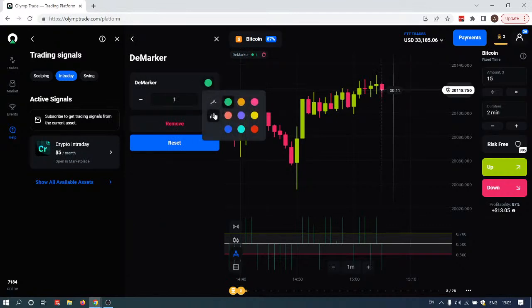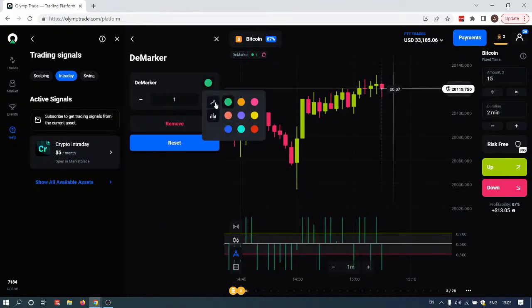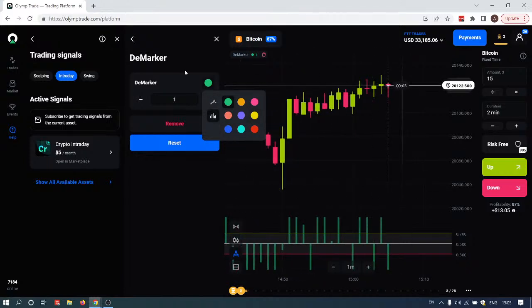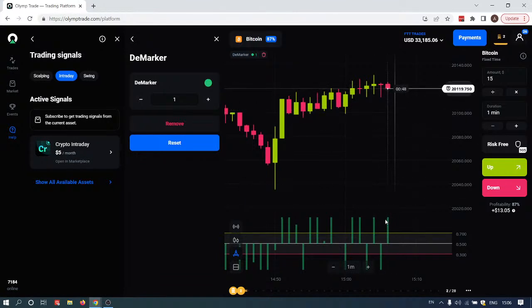I like to make the thickness of these indicators or lines as thick as possible, because I don't want to stress my eyes. I want to see everything loud and clear, right as soon as I look at the chart.